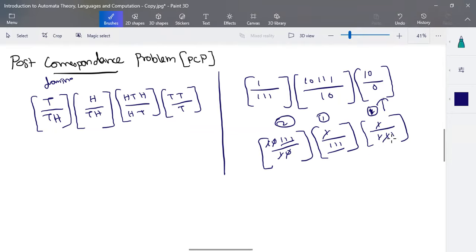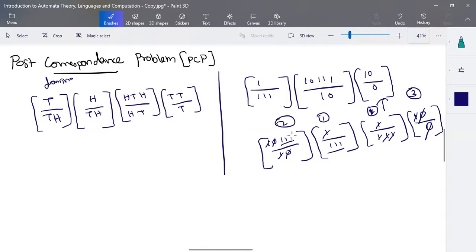Now I have a 1 at the bottom, one extra element. So I have to choose a domino that has 1 at the top. All the dominoes have 1 at the top, but when I choose this third domino, that is 1, 0, 1, your pair completes. So this one is cancelled. This is 0. For the 0, the 0 is cancelled.